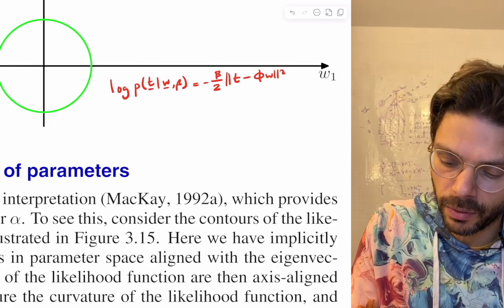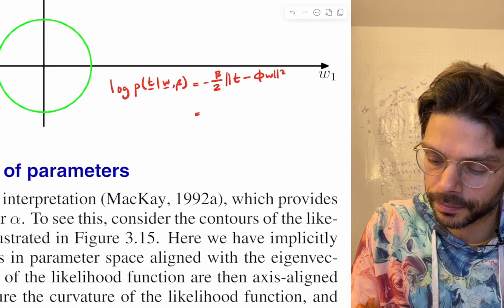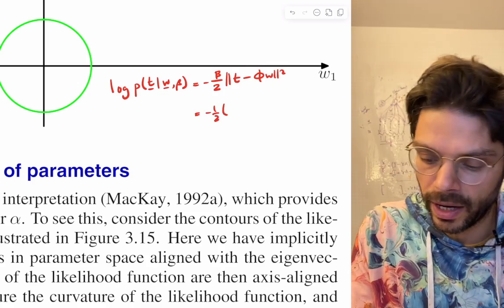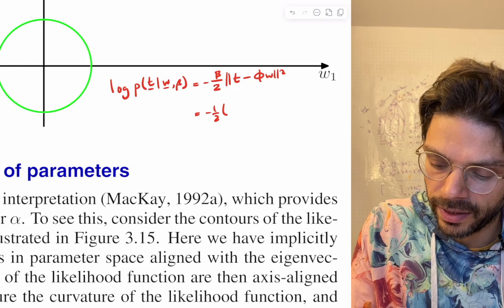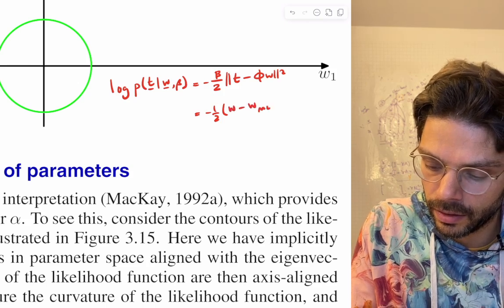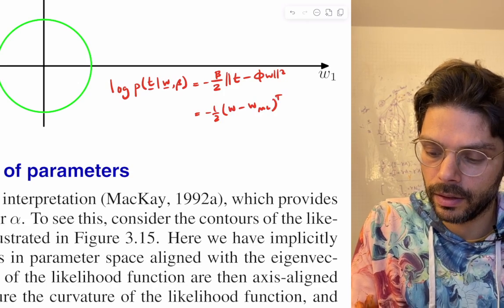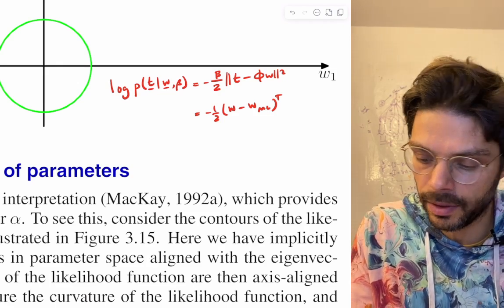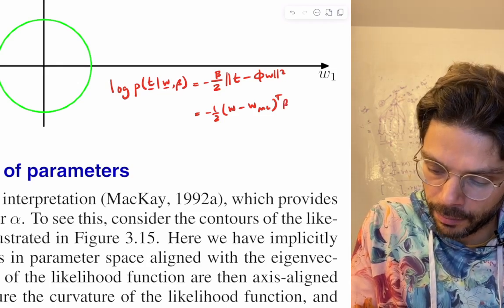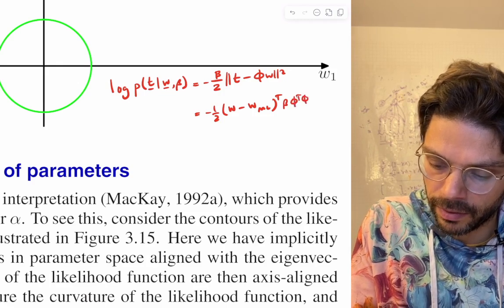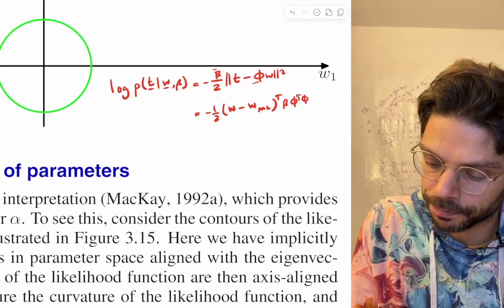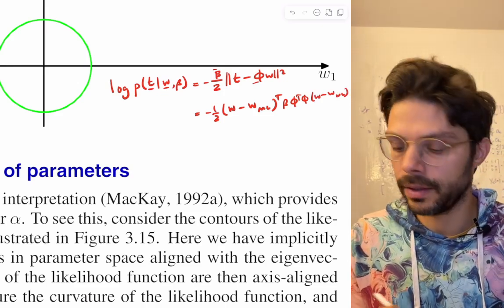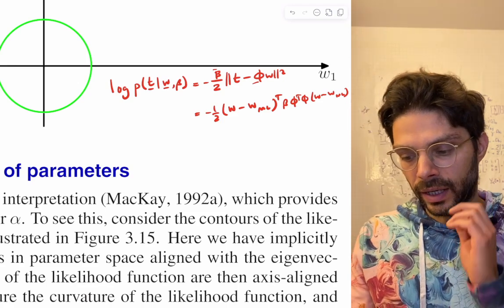If we expand this out and complete the square, so we get W on its own, this is going to be a contour centered on the maximum likelihood estimate. The beta comes from the phi and the beta interacting: W minus W_ML. So you guys can see that.